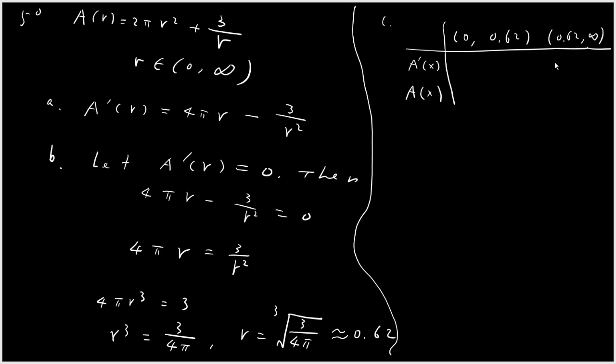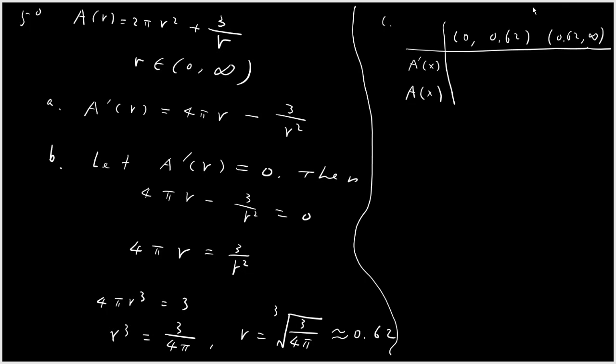We mentioned before you can use test numbers. You can use any number on that interval as a test number to determine the sign of the derivative on that interval. You could use the test number of 0.1, plug 0.1 into the derivative of the function, and look for the sign.